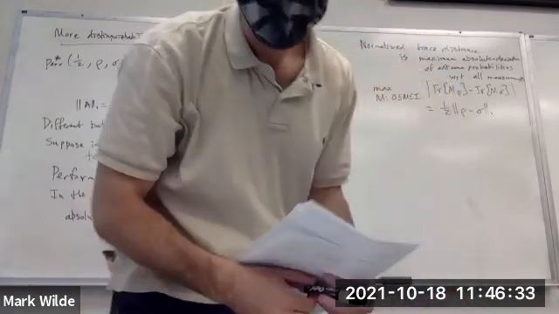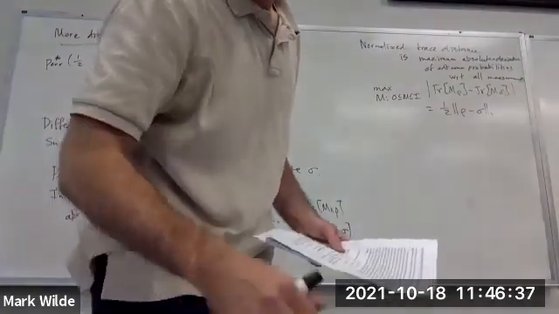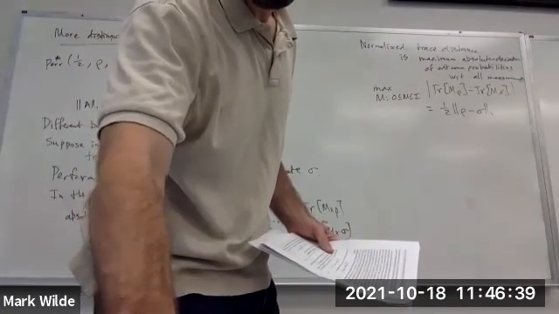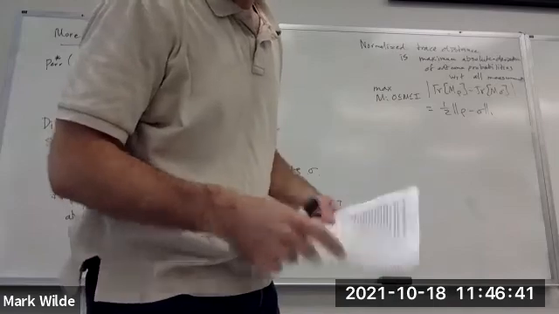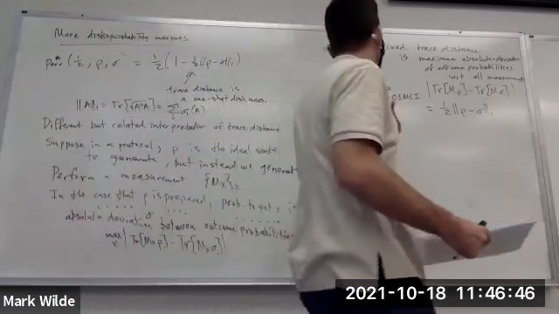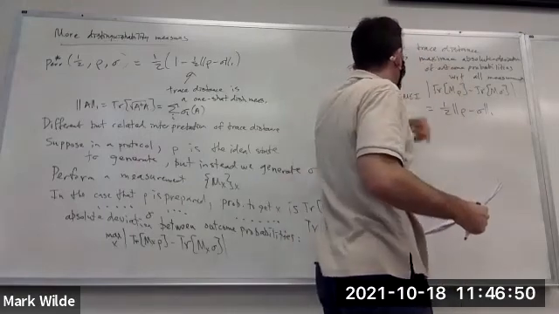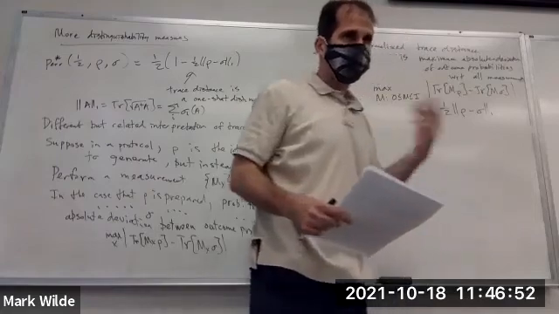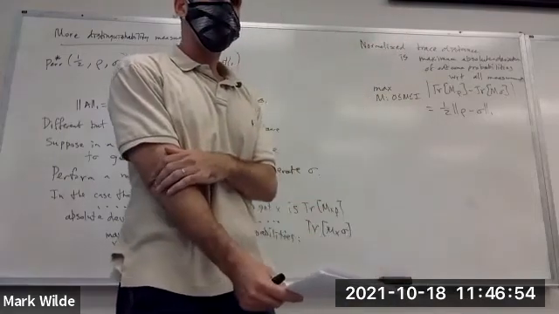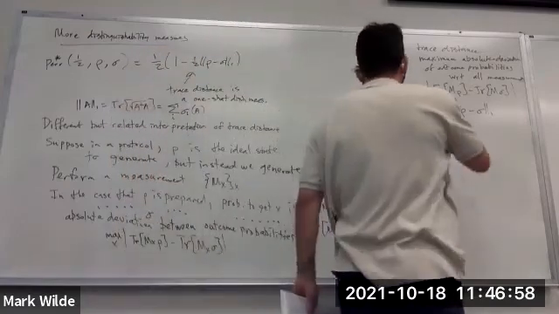How do you prove this? There's a lemma we proved the last time, and the proof goes very similar to it. The measurement that achieves this is the projection onto the positive eigenspace of rho minus sigma.